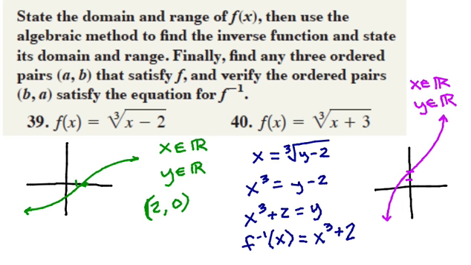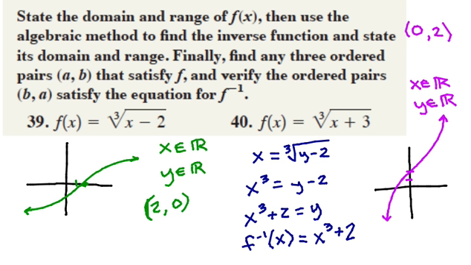Good. If I plug in 0 for x, we would expect 2 to come out. So 0 cubed is 0, plus 2 gives us 2. And we do see that in the inverse function, 0, 2 exists.